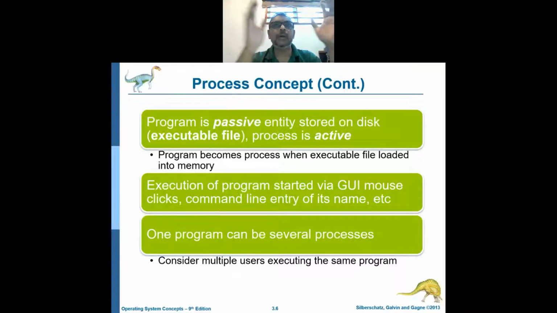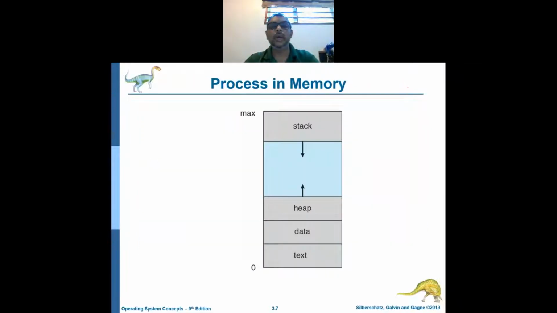Just remember, Microsoft Word, PowerPoint, and Excel can have multiple documents. So we can say that each document is a process by itself. So this is how the files are brought inside the memory.